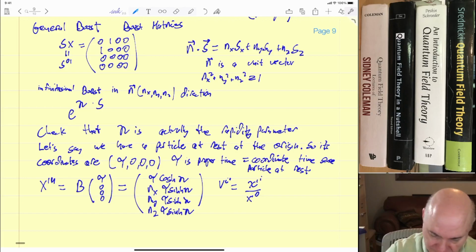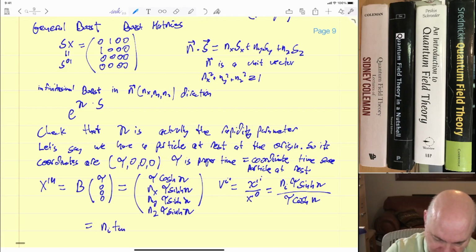Nothing fancy here. So this is just equal to ni, the component of n, tau sinh eta divided by tau cosh eta, which is equal to ni hyperbolic tangent of eta.